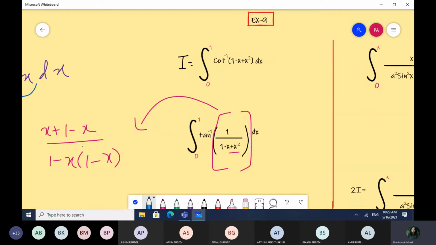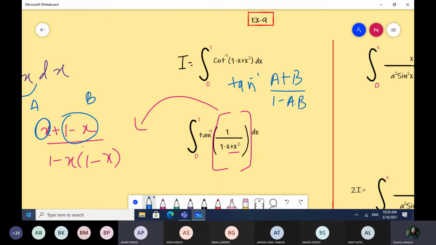If we say x is a and this is b, then you get tan inverse of a plus b upon 1 minus ab. Isn't it? We got it in this form.